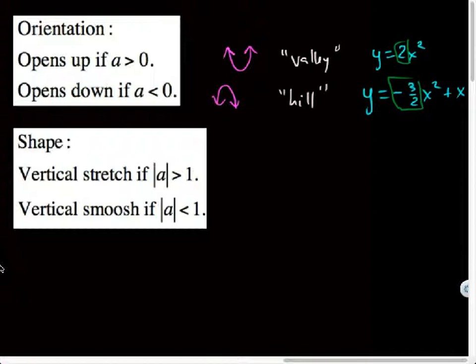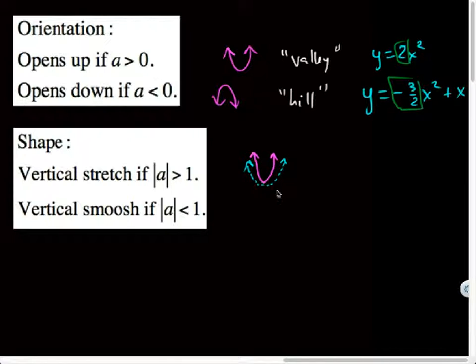Okay, now the shape. This one's a little bit harder for me to describe. It turns out parabolas can be stretched or smooshed vertically. So imagine a regularly shaped parabola would be like this. A stretch would be if the parabola is narrower.